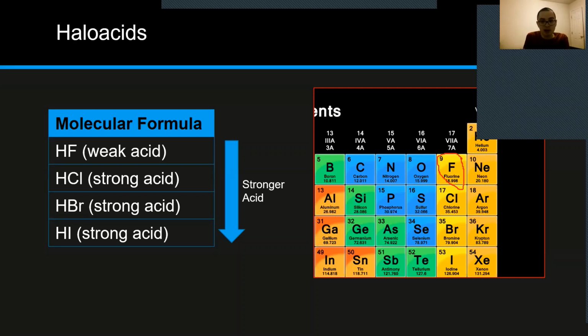If you have a longer bond length, you're going to have a weaker bond, right? So the weakest bond is between H and I. And if you have a weaker bond between H and I, you can more easily get rid of that proton. The more easily you can get rid of the proton, the more acidic you are. Because remember, an acid is a proton donor. So you want to be able to easily get rid of the proton.